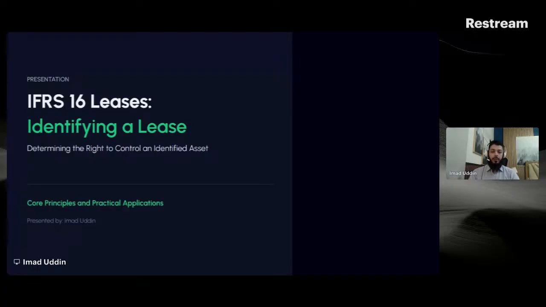You will be able to see different examples in depth and different scenarios for very specific cases in a particular standard. So today we're talking about how to identify a lease and how to determine control, or the right to control, an identified asset. We'll go into detail of what the right to control is, what an identified asset is, and a lot of these things.